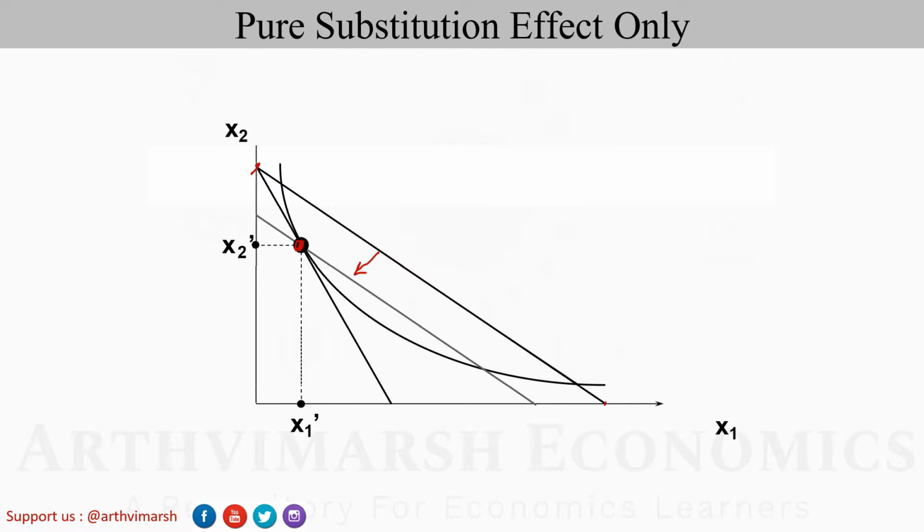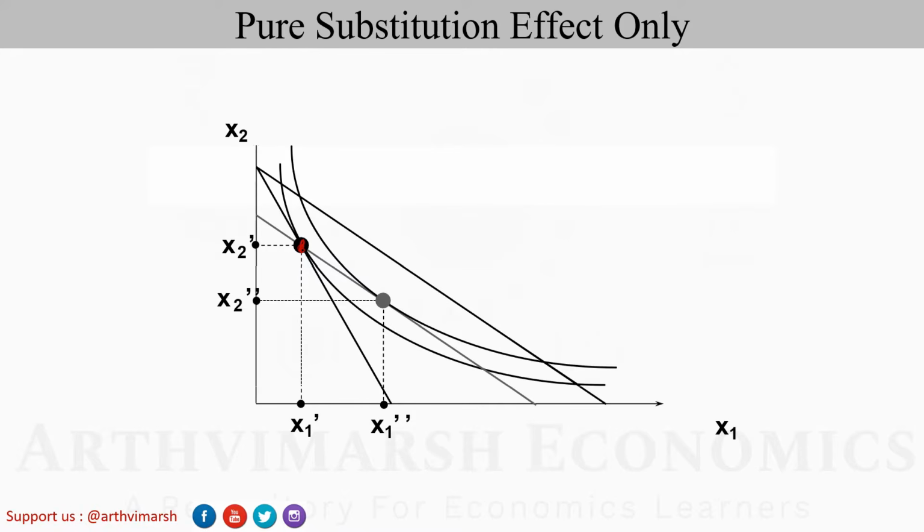So here, if we plot this budget line, we are implying that this much change in income is there to restore him or her back to the original consumption bundle. We know that the optimal point was initially here.